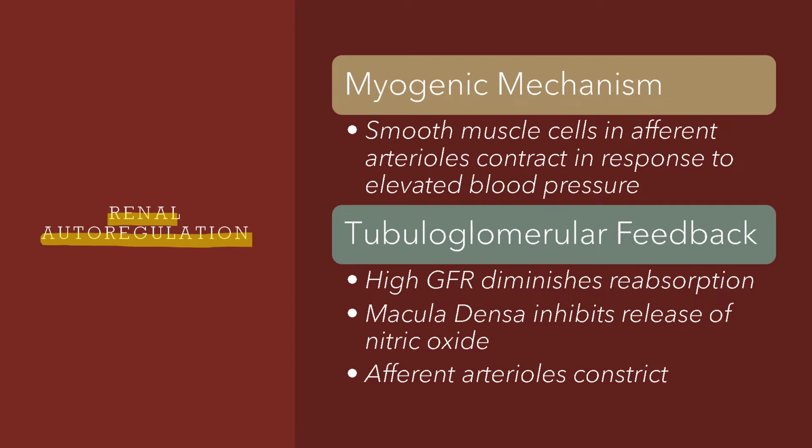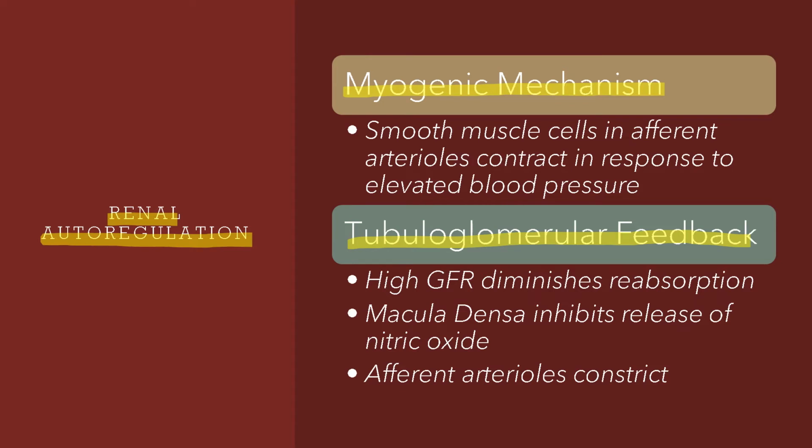So this is called renal autoregulation, and there are two main mechanisms for renal autoregulation. The first is the myogenic mechanism, and then we have the tubuloglomerular feedback.